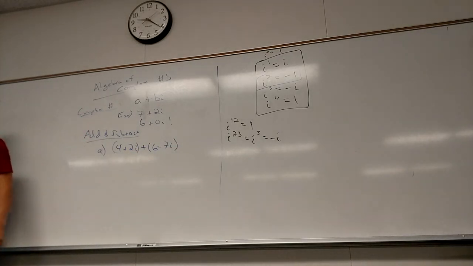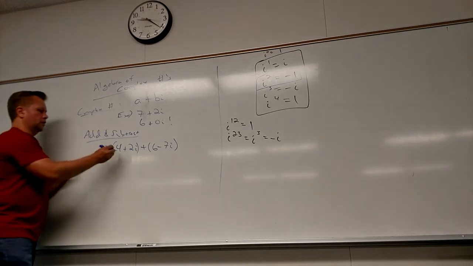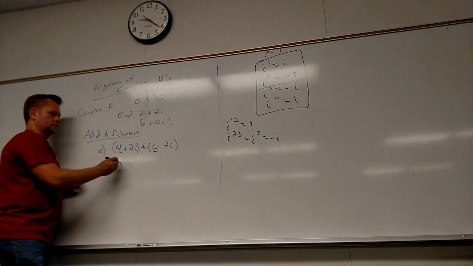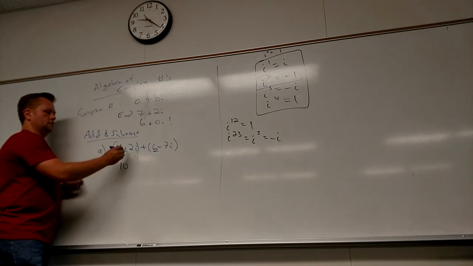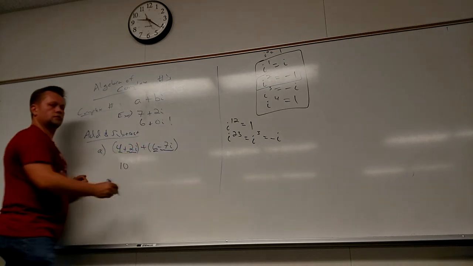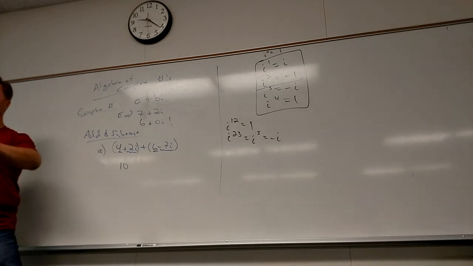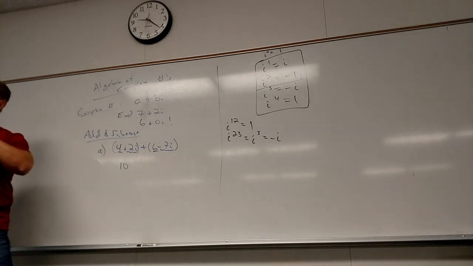What's your gut tell you is true here? Combine like terms. So what's the real part? 6 and 4. Yep, so 10. And the imaginary part? Minus 5i. Sweet. So on the surface, it acts like a variable.